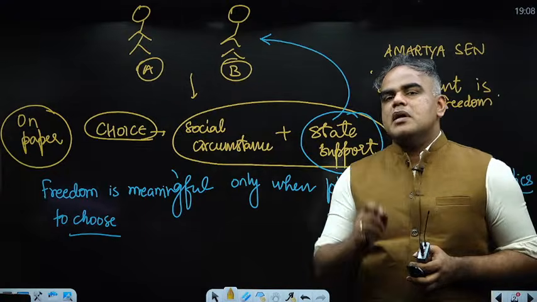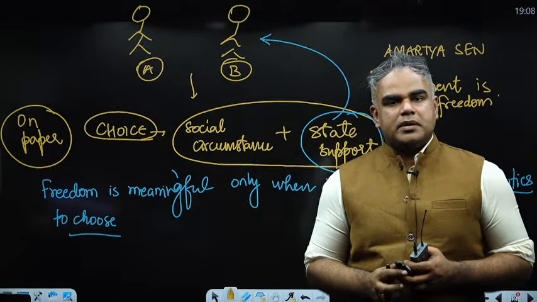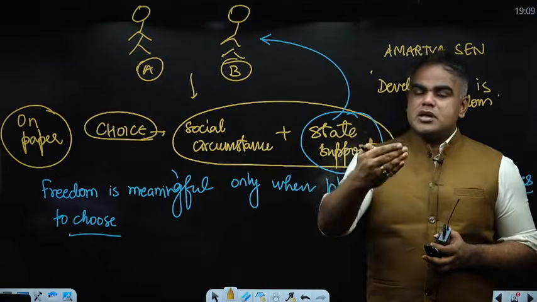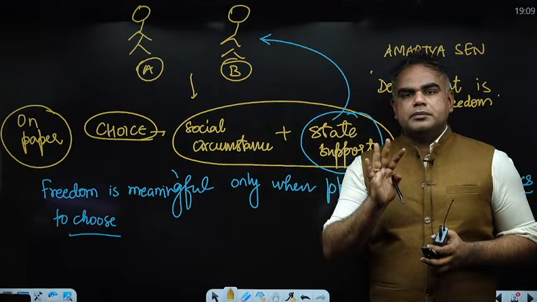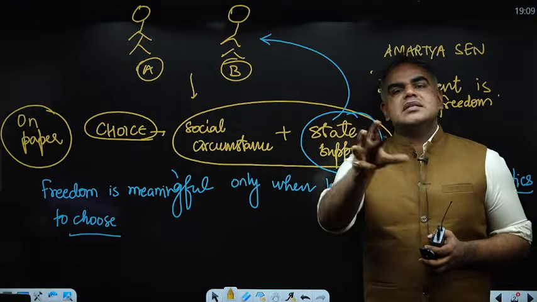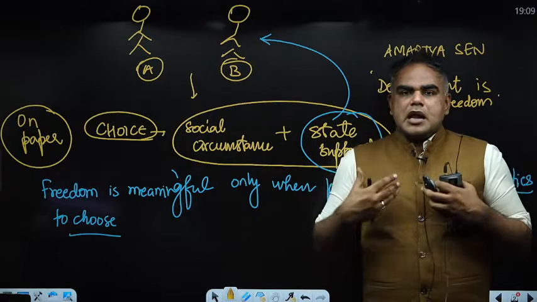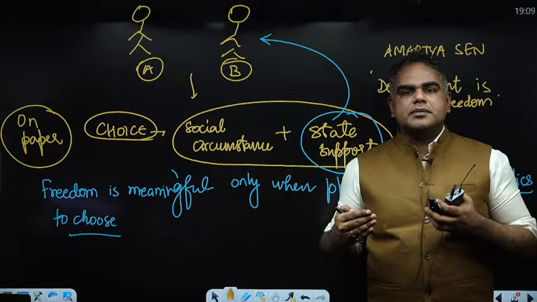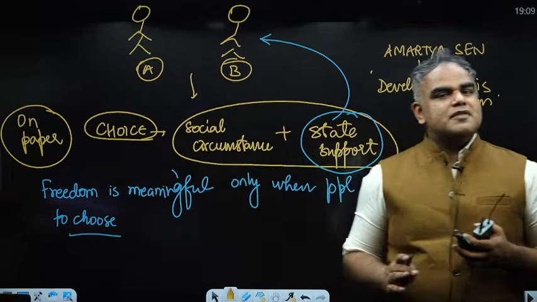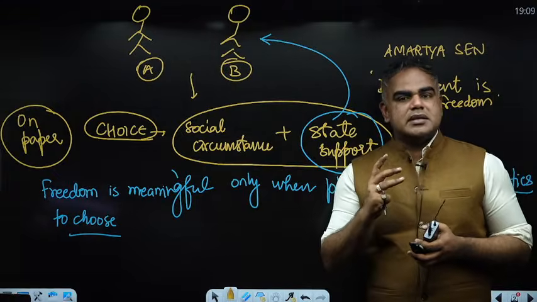This is the crux of negative versus positive freedom. Negative freedom, the concept initially was, if the state is taking action, it may limit my freedom. That is why we say it is a freedom from interference, freedom from unnecessary restrictions. So I am allowed to do whatever I want, as simple as that. That is negative freedom. And please pay attention. Many times people get confused in these concepts, and it is very important for your understanding.